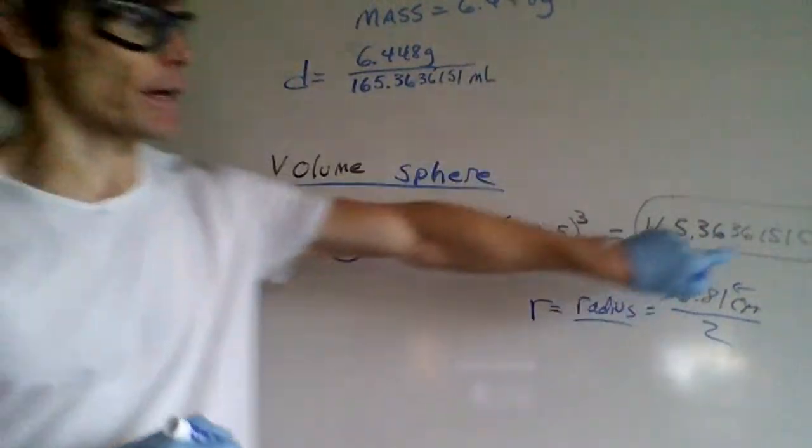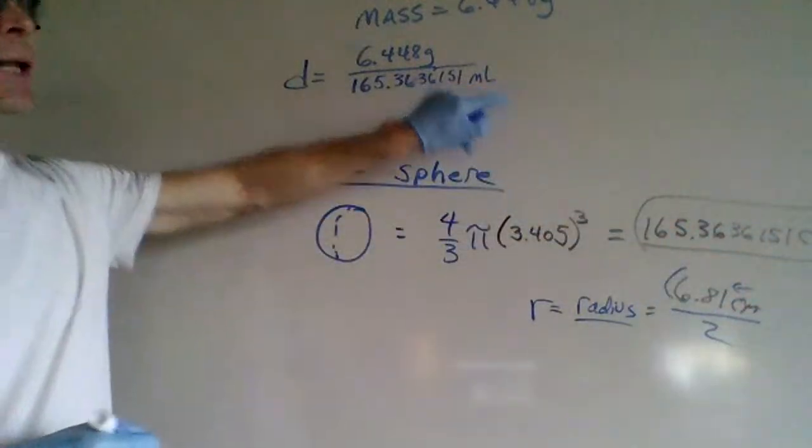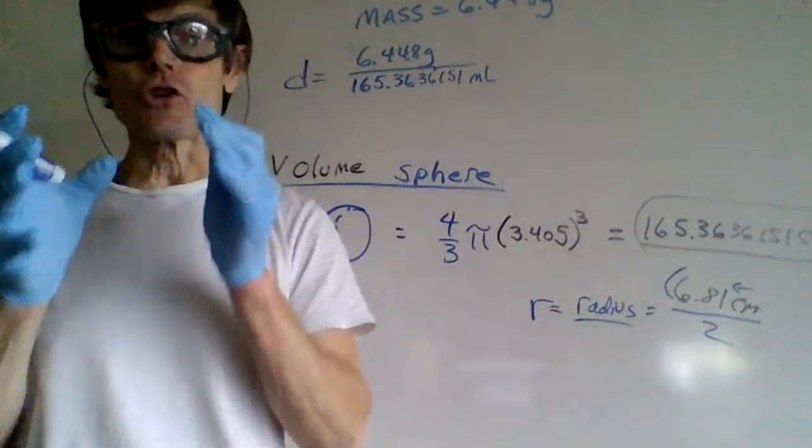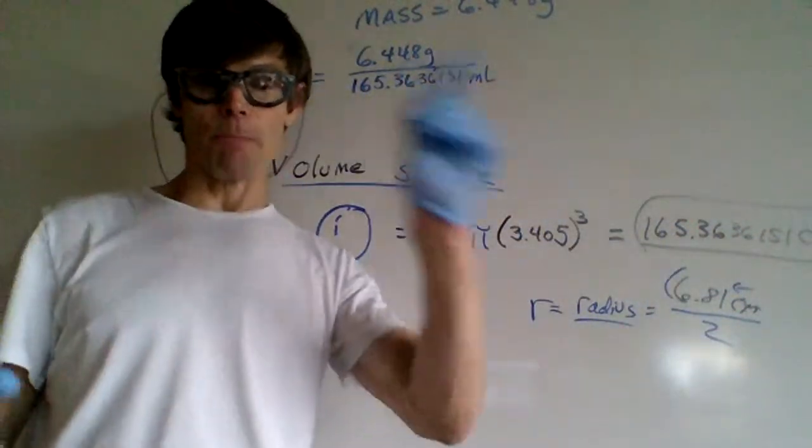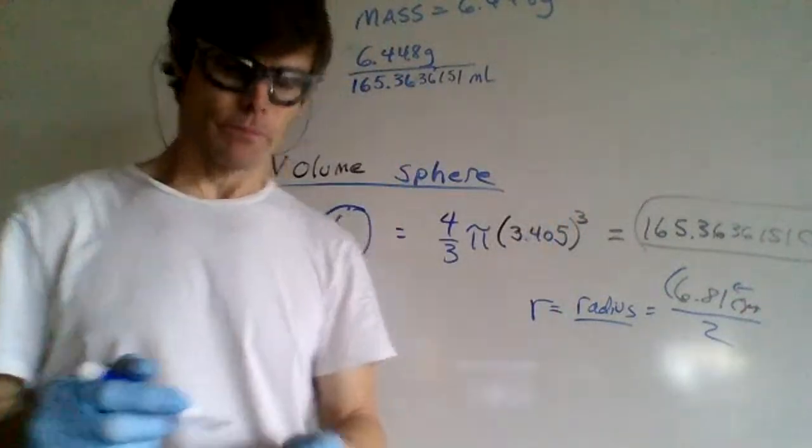Means the same thing. Cubic centimeters and milliliters are the same unit. Essentially, it's measuring the same volume.